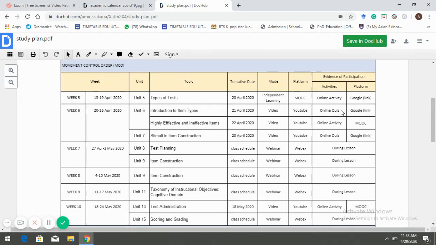So let me just get back to the readiness survey. Initially, I had quite a number of units or topics which should be learned via independent learning.